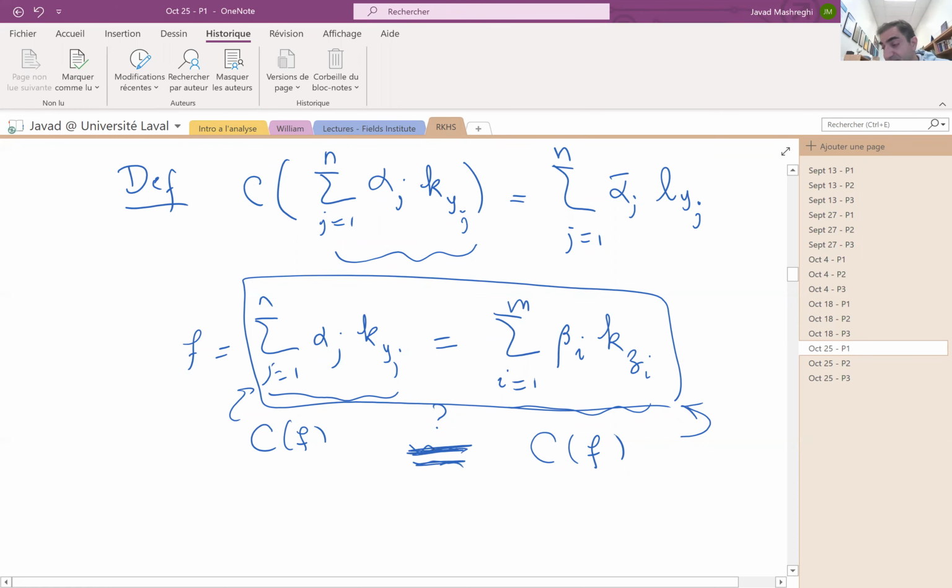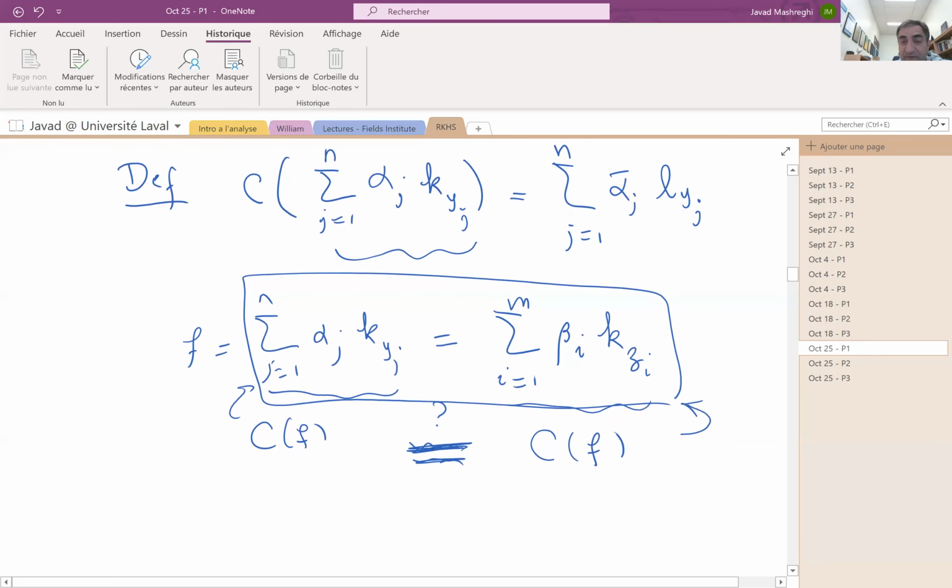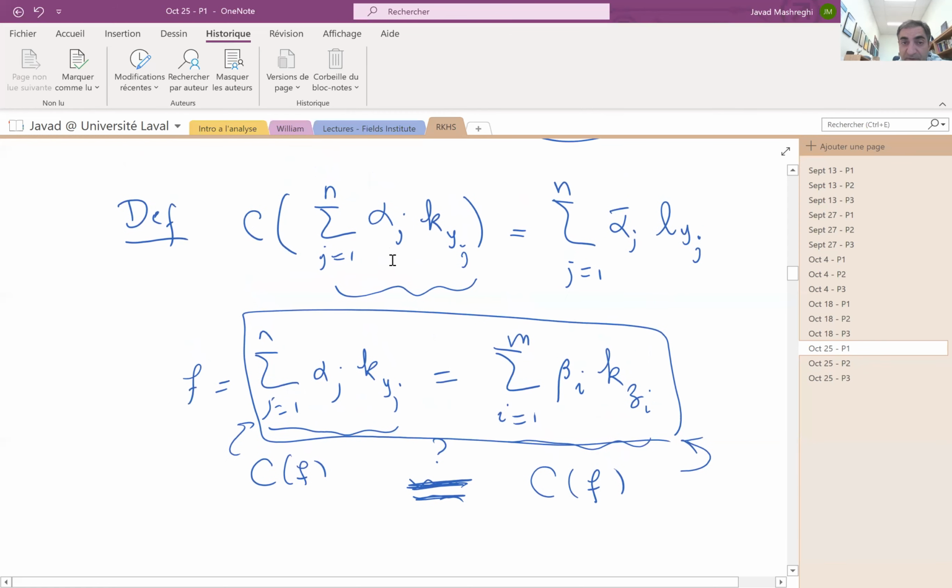With some techniques. One of the techniques which in many occasions help us is to show that there is an isometry between the function which is here and the function which is in the image.